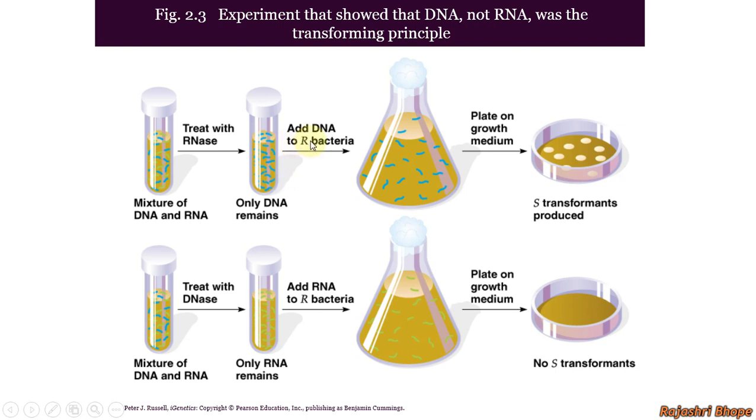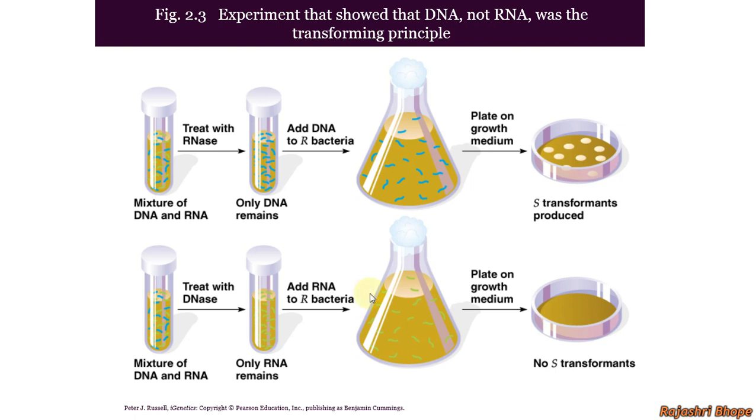Then they added this DNA mixture to the rough strains of bacteria. Same organism they used, Streptococcus pneumoniae. Only the DNA they added to the rough strains of bacteria and allowed those bacteria to grow on the agar medium. Later they found that the colonies which developed are sticky in nature, that is, they are capsulated organisms, the smooth form developed. Now how is this possible?